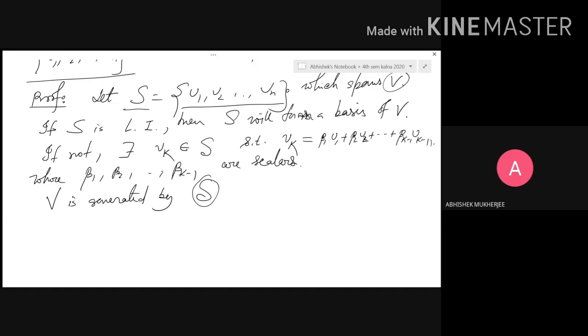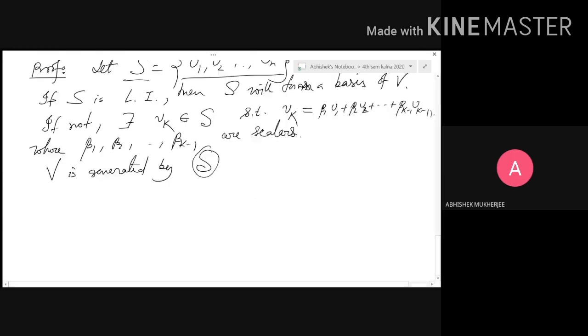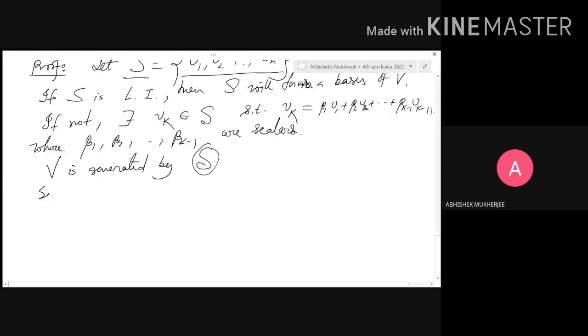So if v belongs to V, then v can be written as alpha 1 V1 + alpha 2 V2 + ... + alpha n Vn.